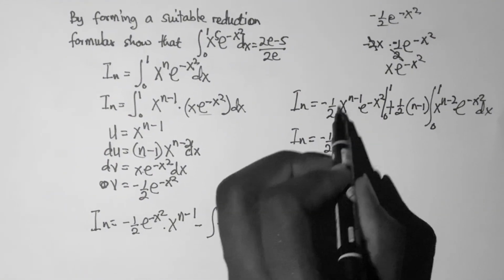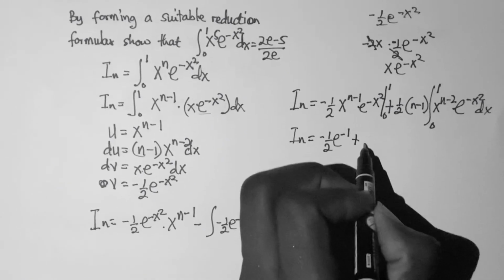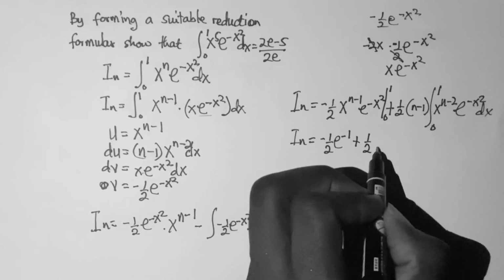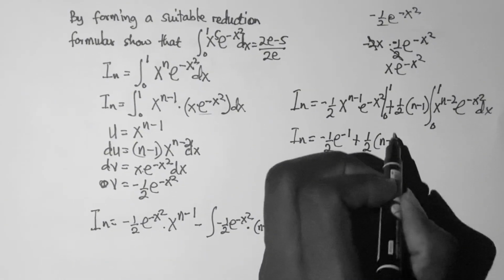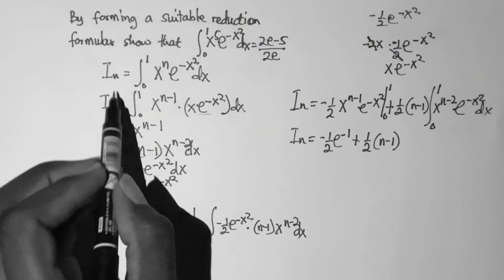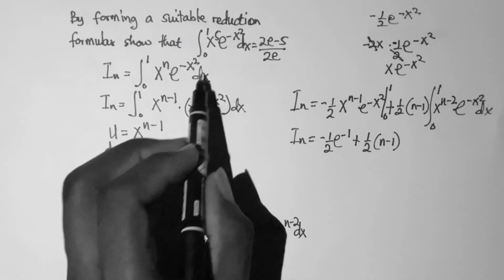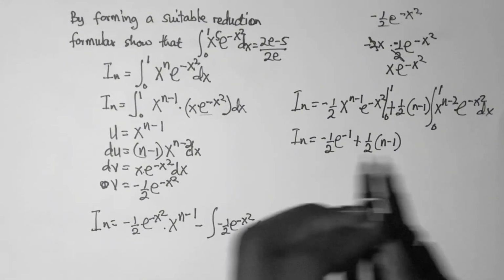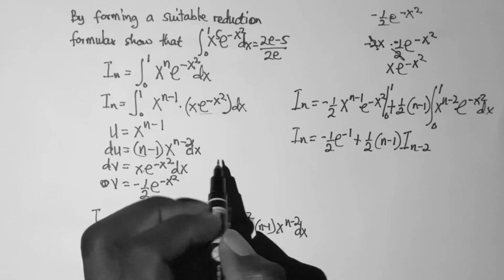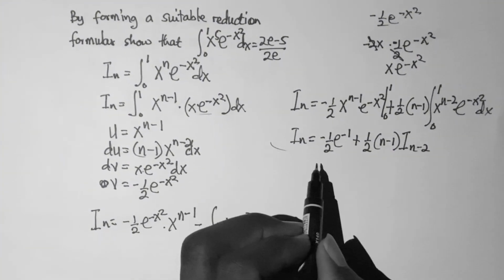As for the 0, because this x is here, it will go to 0. Then plus half of n minus 1 times the integral. Remember I of n is the integral from 0 to 1 of x^n e^(-x^2). Here is x^(n-2), so here is I of n minus 2. So this is what we find for I of n.